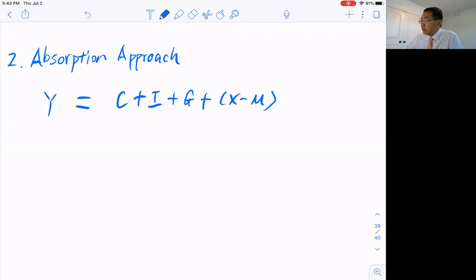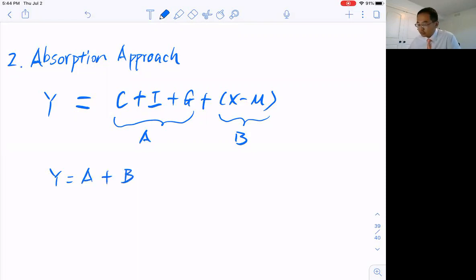Now, if we regroup this a little bit, if we call C plus I plus G A for absorption, and then X minus M, this is your balance of trade, so call it B, then we can just rewrite this as Y equals domestic absorption A plus trade balance B, right, because C, I, and G are all domestic spending, so that's why we call it absorption.